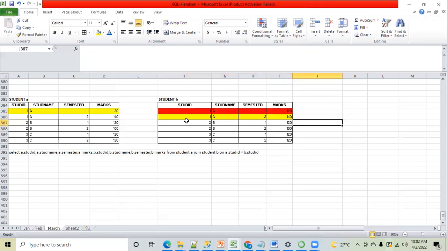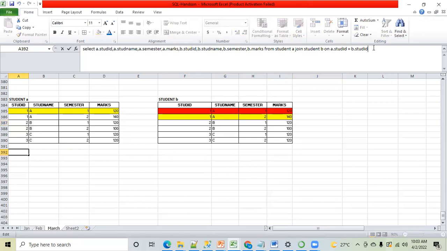Then A dot semester not equal to B dot semester. This is also fine. But it will compare with the other student records also, right?